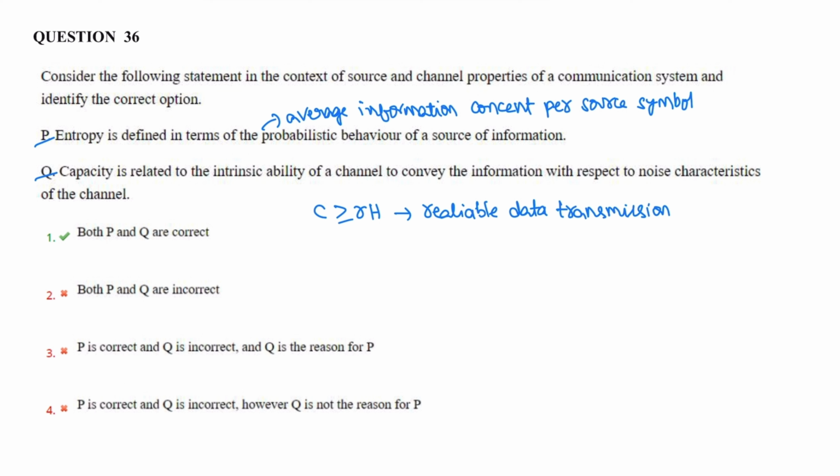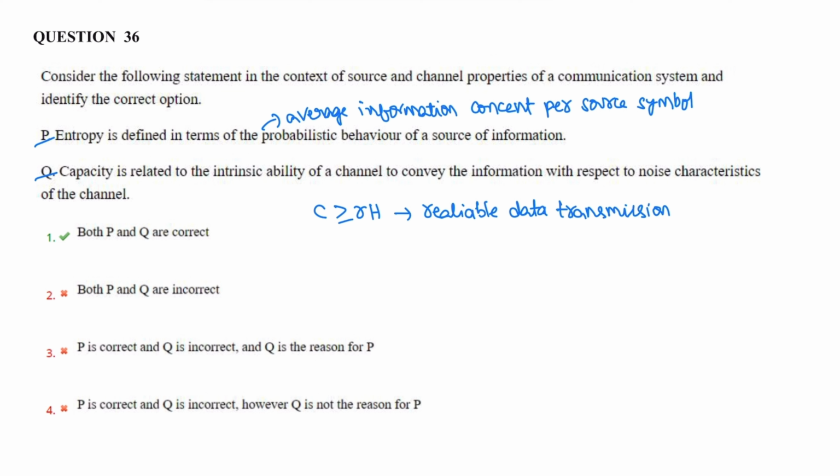Let C be the capacity of a discrete memoryless channel, and H the entropy of the discrete memoryless source emitting R symbols per second. The capacity theorem states that if RH is less than or equal to C, then there exists a coding scheme such that the output of the source can be transmitted over the channel with an arbitrarily small probability of error.